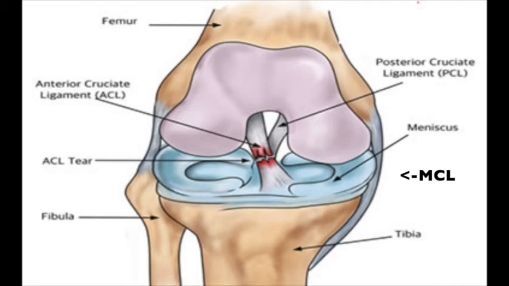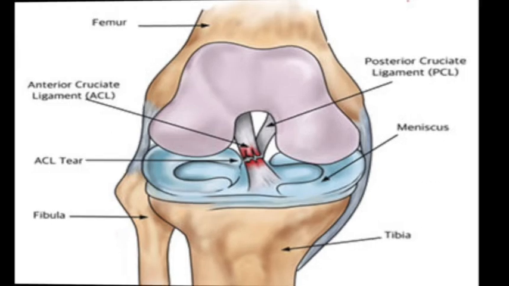Additionally, the ACL is inside that joint capsule, so as the bleeding occurs, it just dissipates into that joint fluid and it's not able to clot, where the MCL is external to the joint capsule and it will have a better success rate at clotting.